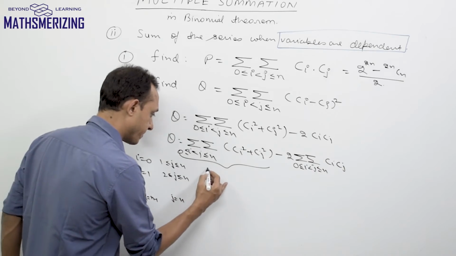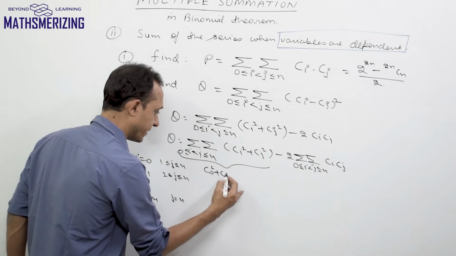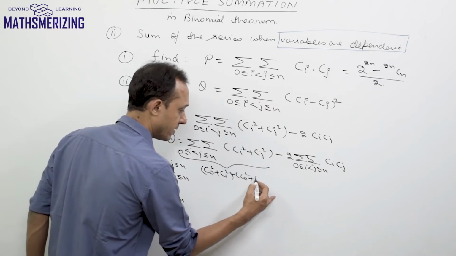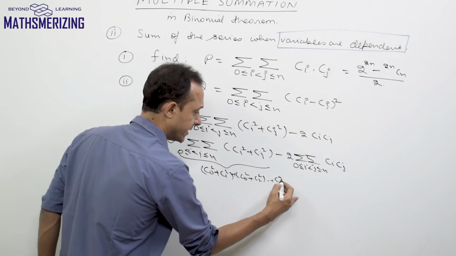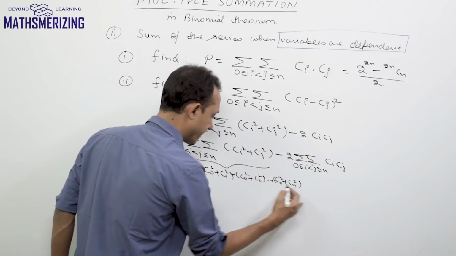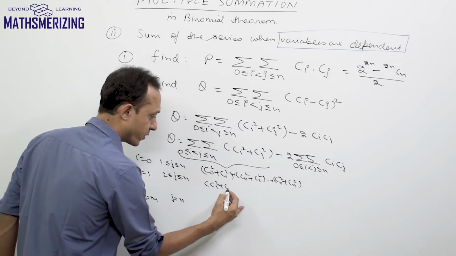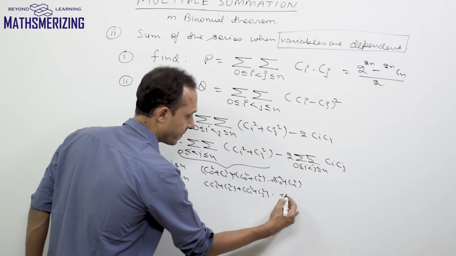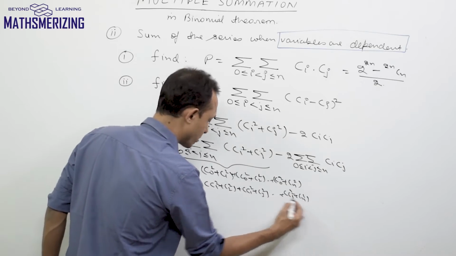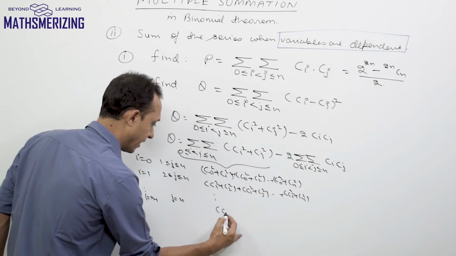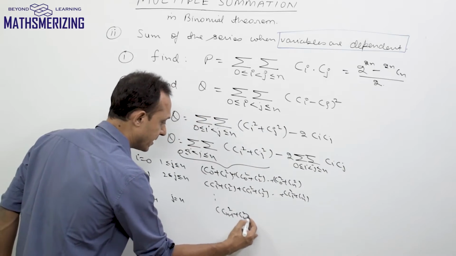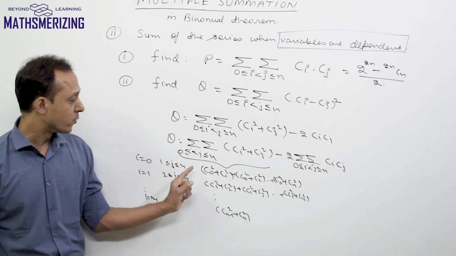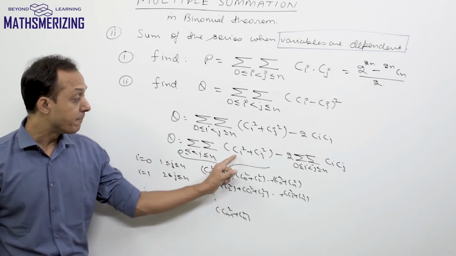So I can write it as C0 square plus C1 square, C0 square plus C2 square, up to C0 square plus Cn square, and here will be C1 square plus C2 square, C1 square plus C3 square, up to C1 square plus Cn square, and then finally Cn minus 1 square plus Cn square. Like a similar question we have done in one of the previous videos, C0 plus Ci plus Cj.